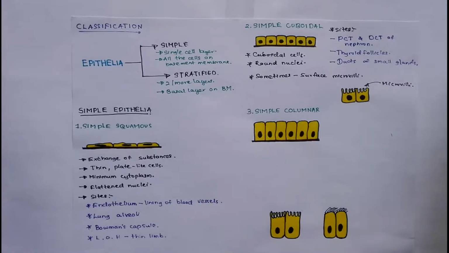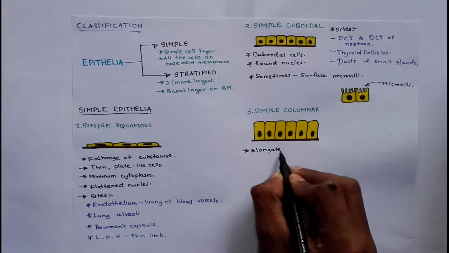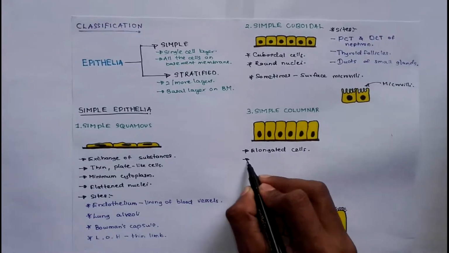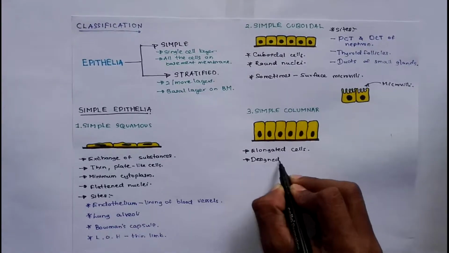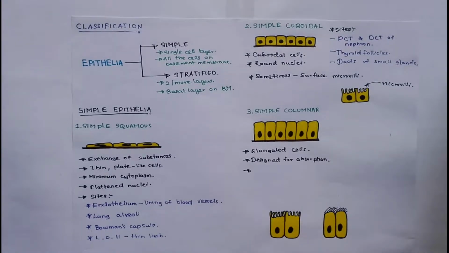Third one is the simple columnar epithelium. The cells are elongated and the epithelium is designed for absorption as well as secretion of substances.